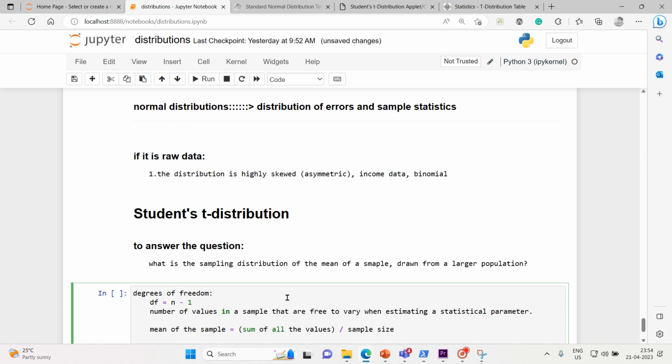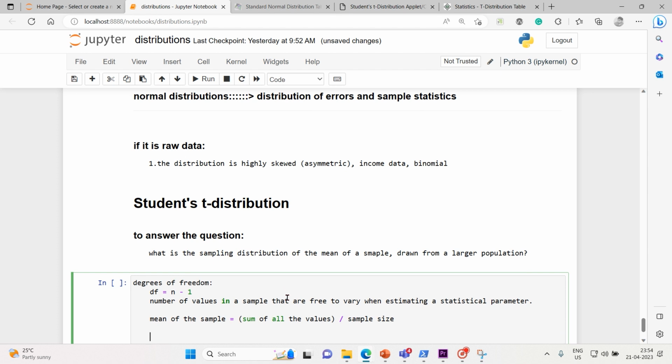Okay. So now when I want to estimate the population parameter, I'm going to use a t statistic or z statistic, whatever it may be. I will use this kind of formula: x, a value from the same sample, minus the mean of the sample, divided by, you know what it is.